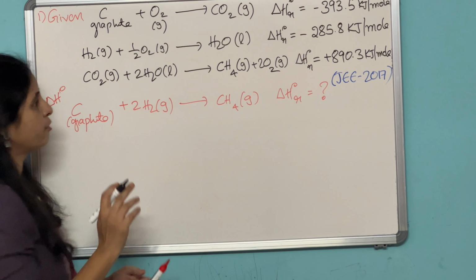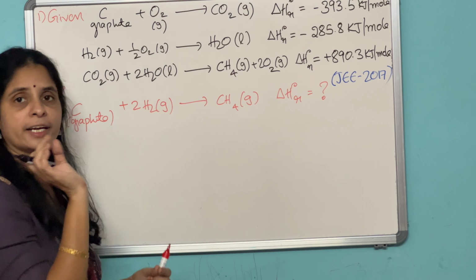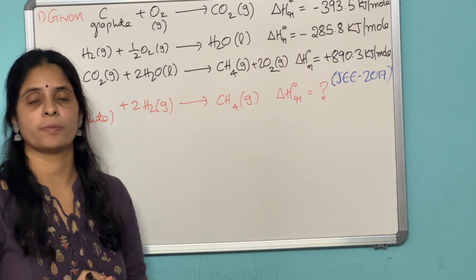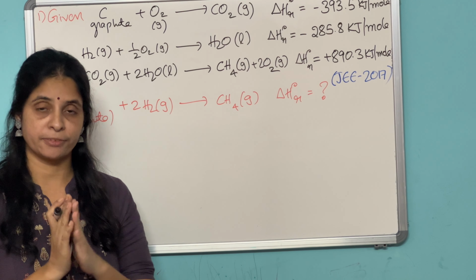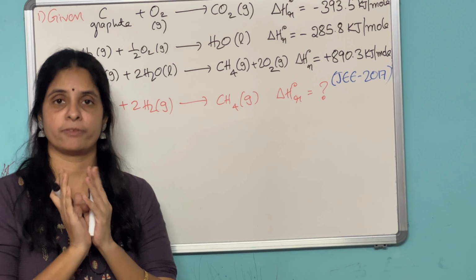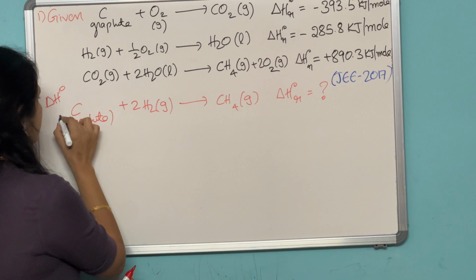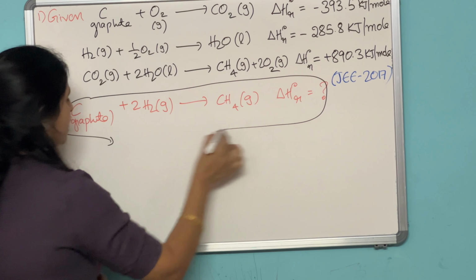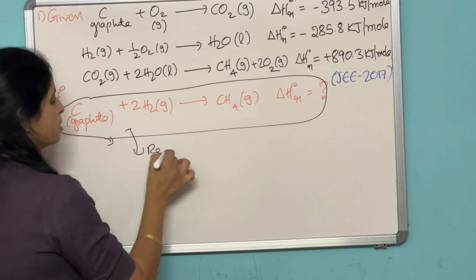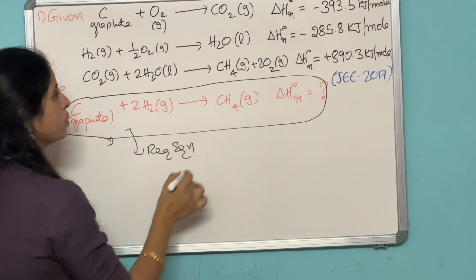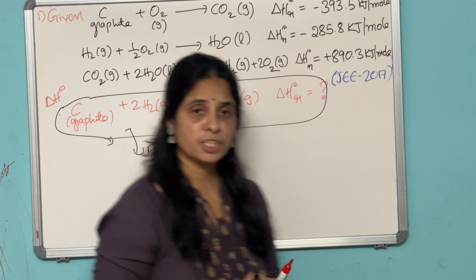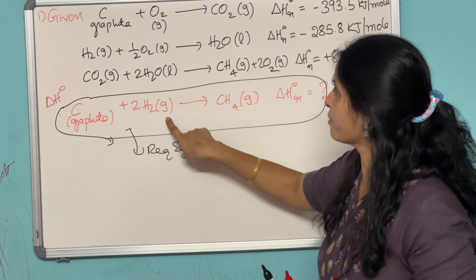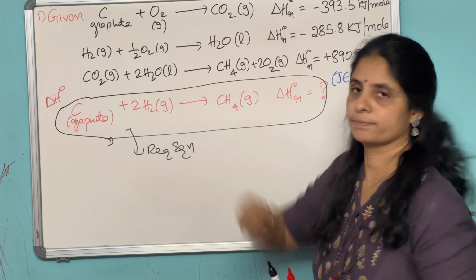So here, for solving these problems, first you have to identify what your required equation is. This is your required equation. Now what you have to do here? You have to get this equation by using these 3.